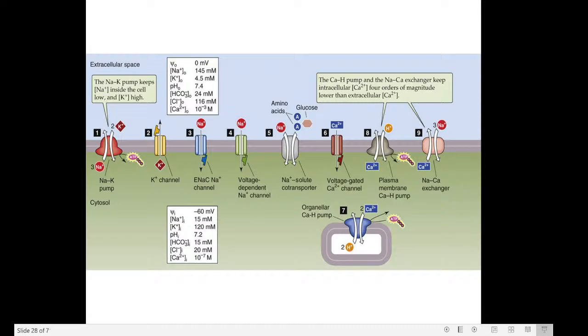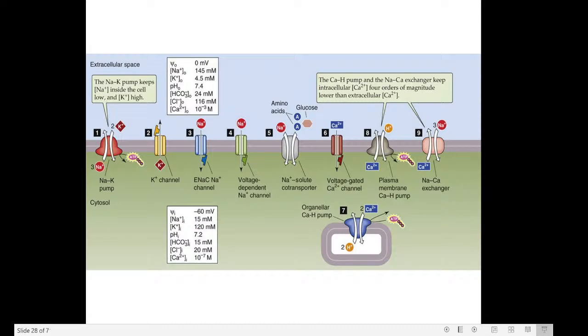The bicarbonates are balanced by the glucose transporters, and the chlorine concentration is maintained by the receptors responsible. Calcium sodium channels and potassium sodium channels are very important. These are all the things playing a role.